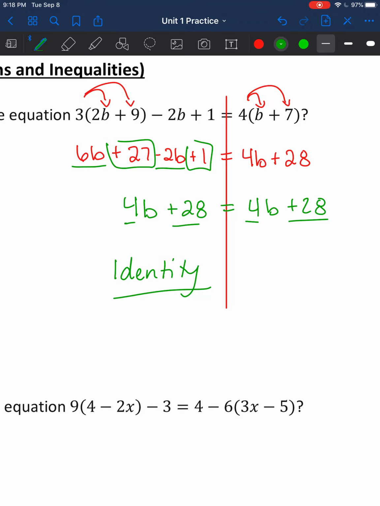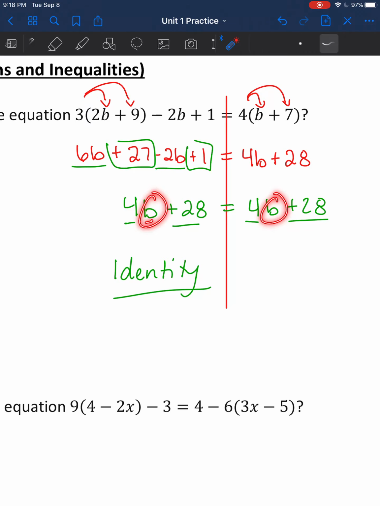An identity means that for every value of b, for every value that you can think of, doesn't matter what number it is, whether it's 6, 8, 10, 12, whatever, or negative a billion, since everything is the same on both sides, you'll always end up with a true equation. You'll always end up with a true statement.